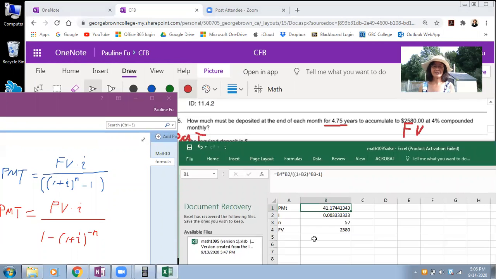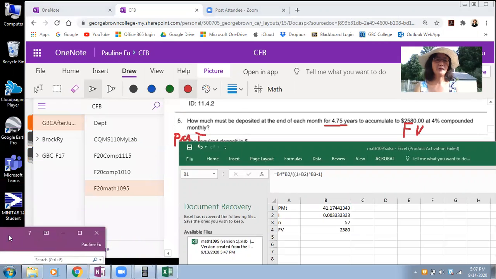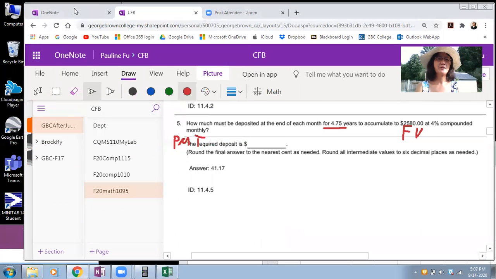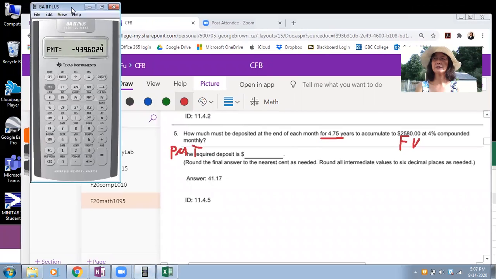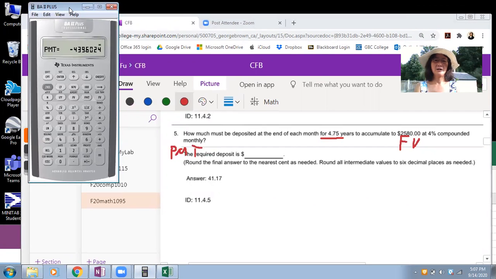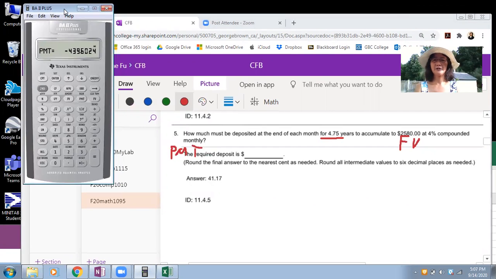Now, calculator, okay, calculator. So when we use calculator, we forget the formula. We don't care about the formula. So I'm just going to pull out the calculator. All right, so remember you need to set up second quit.